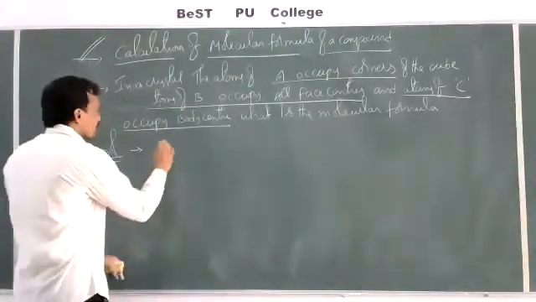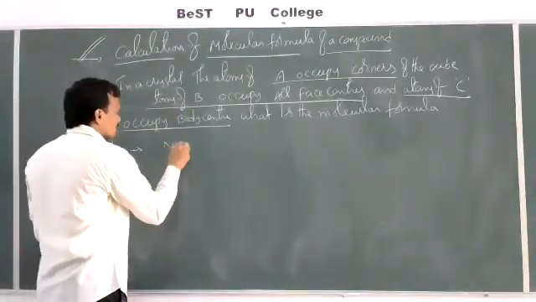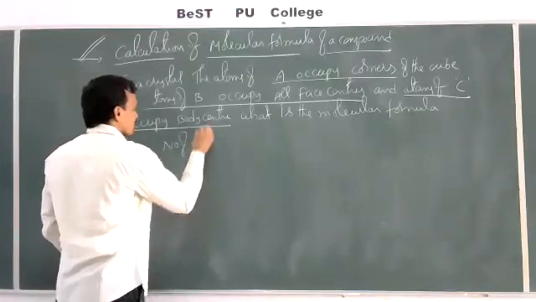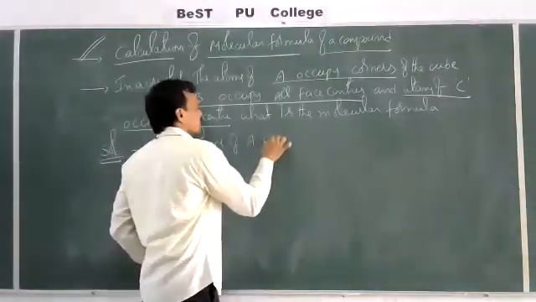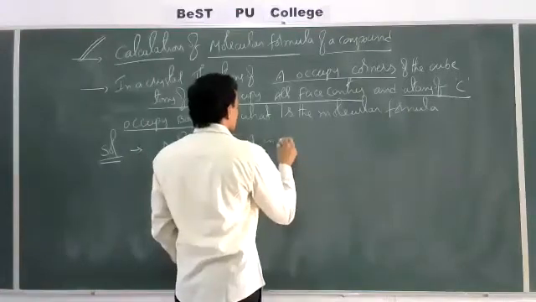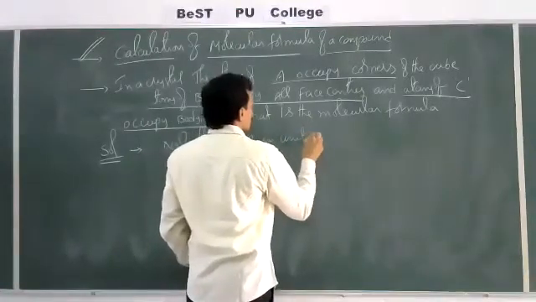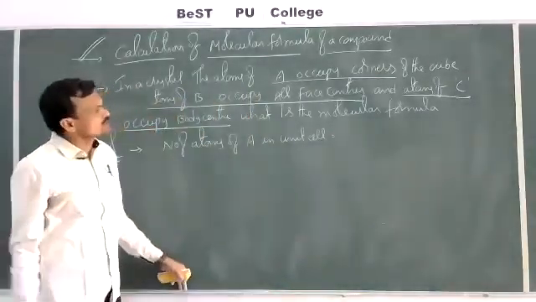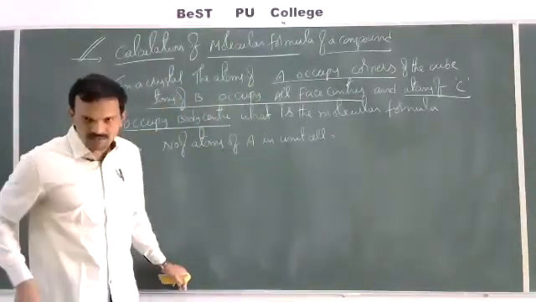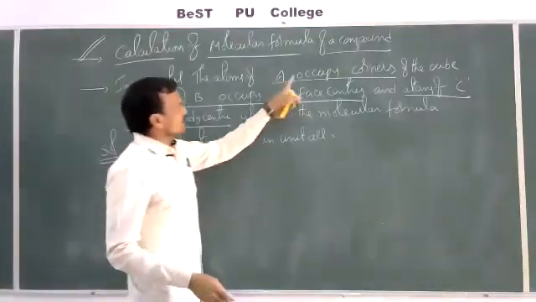Now see, first I will calculate the number of atoms of A. Number of atoms of A in the unit cell is equal to, the given lattice is a cubic lattice. What is the position of A?